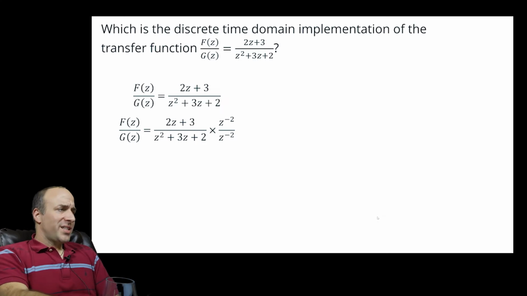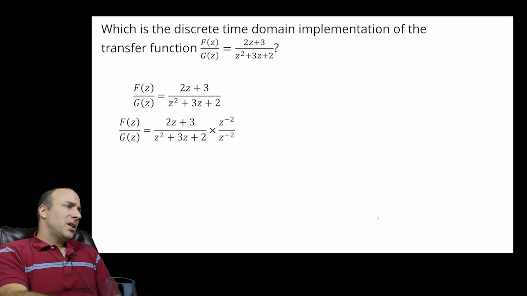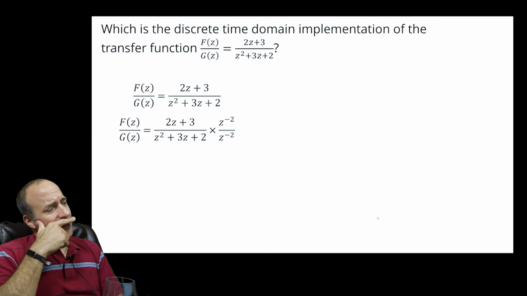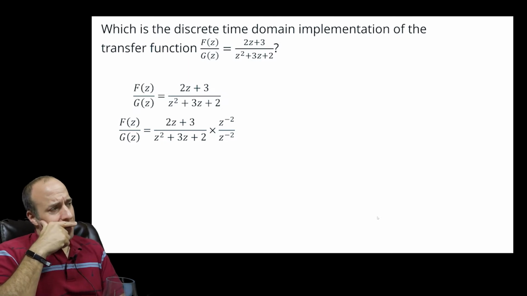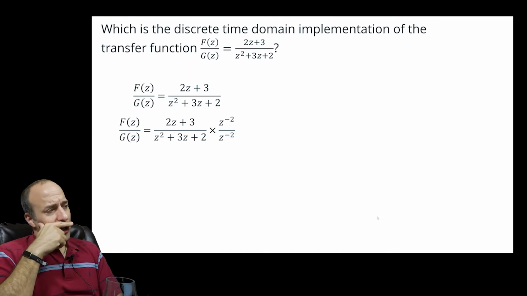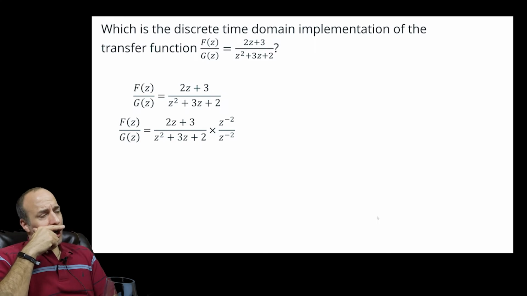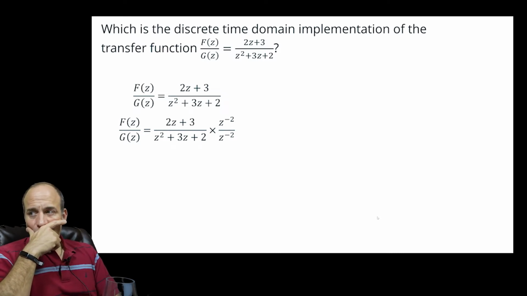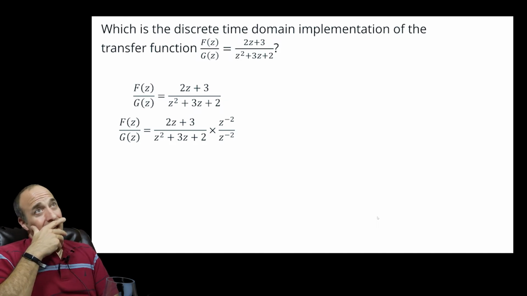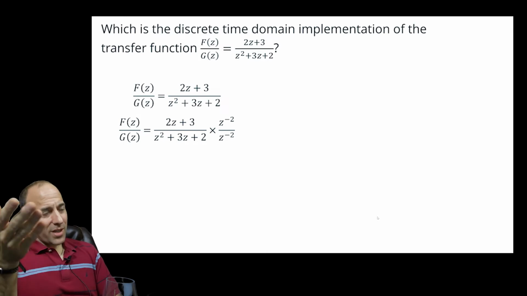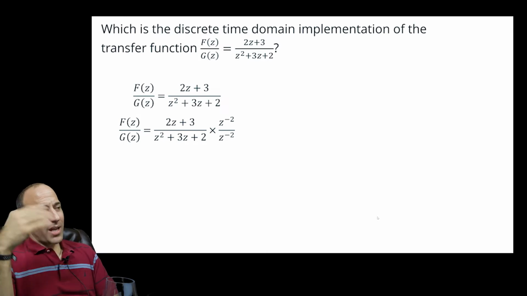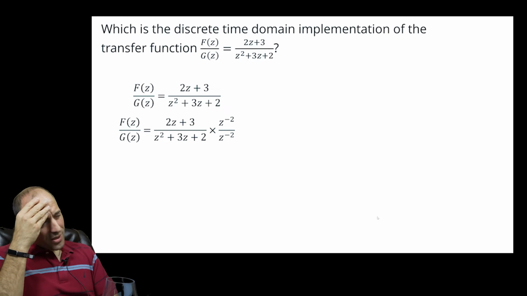So the first thing I did here was I wanted to get all of the exponents of z to be no more than 0, because z to the 0 is the current sample, and a z with a negative exponent represents previous samples, but we can't have any z's that have a positive exponent.